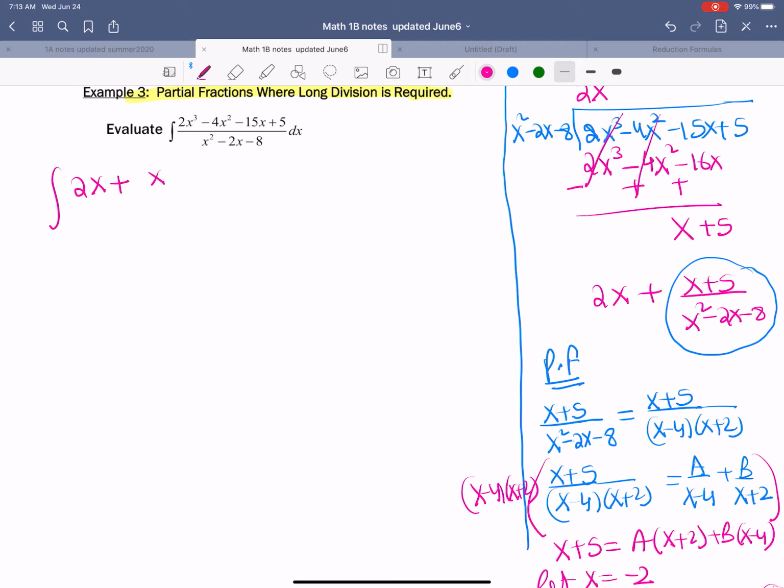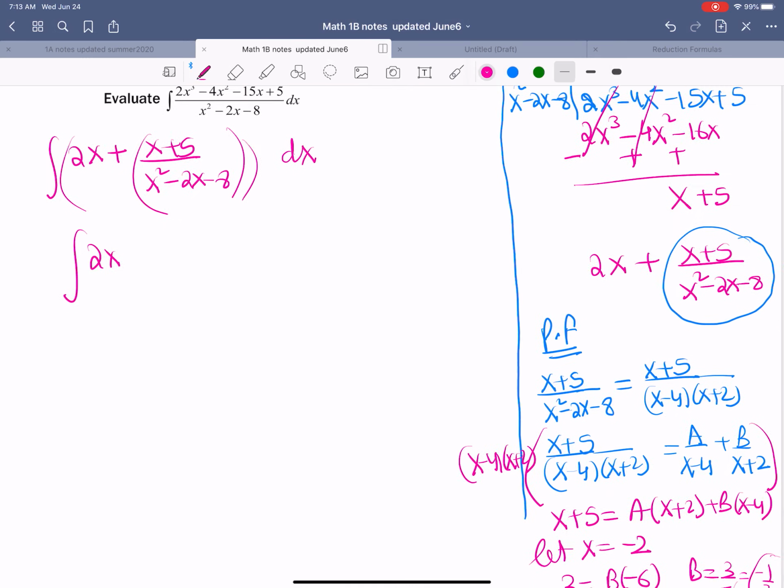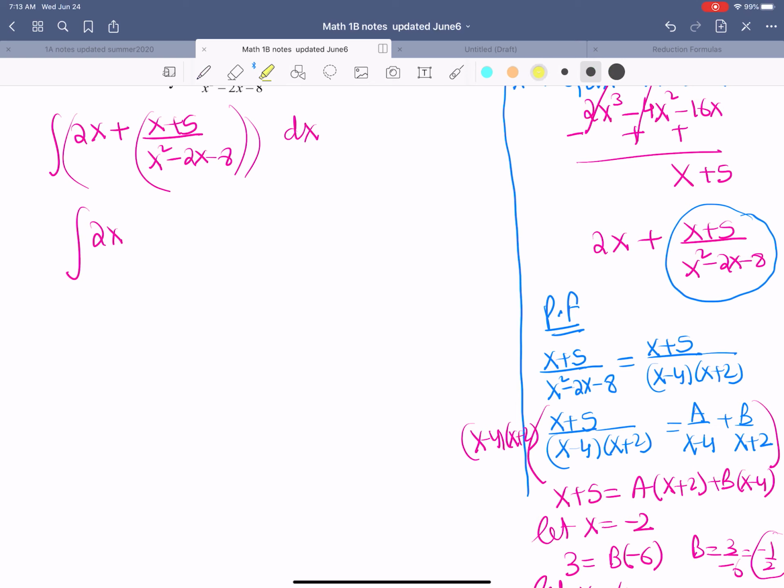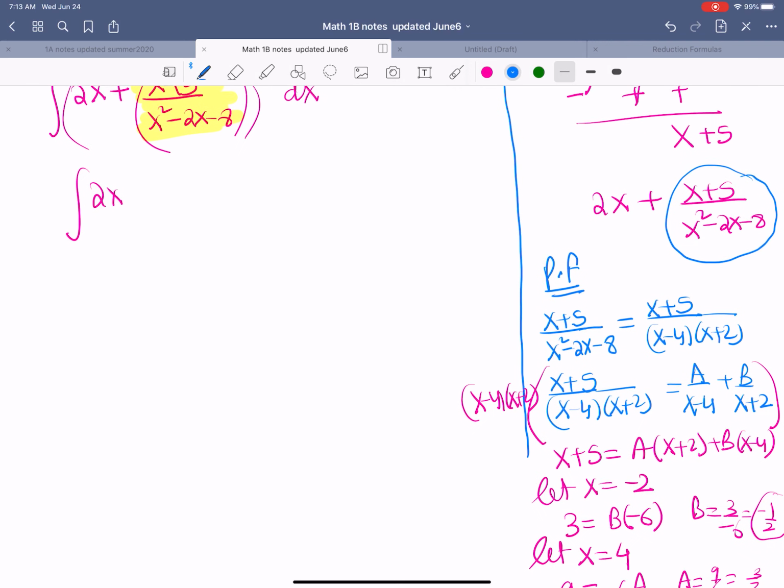So this is the integral of 2x plus (x plus 5) over x squared minus 2x minus 8 dx. Now further, we did the partial fractions for this piece, so plug the a and b into the highlighted expression.